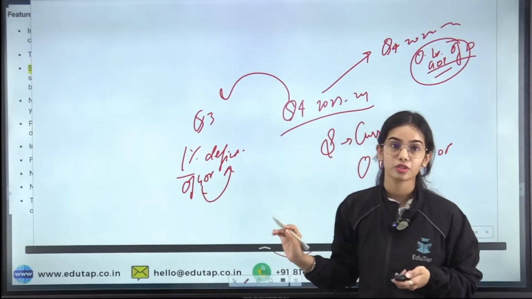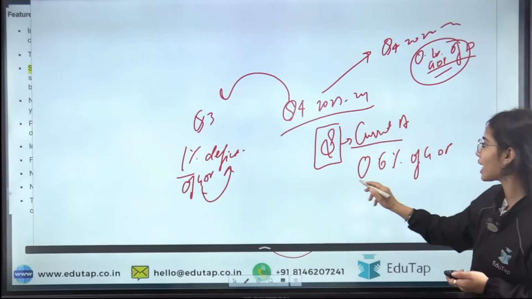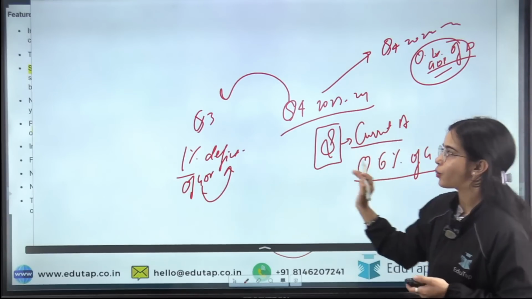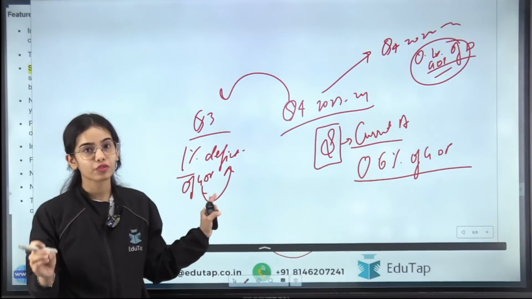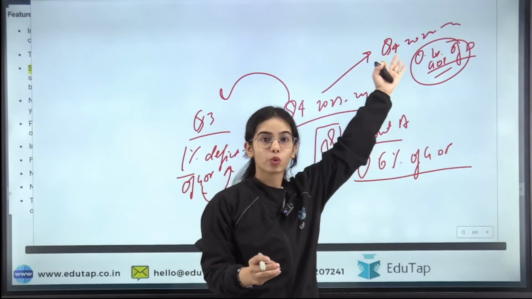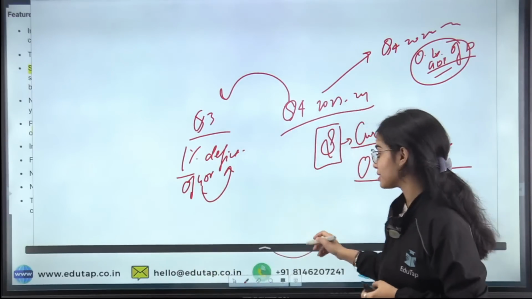So in the quarter 4 of 2023-24 we have got a surplus in the current account of 0.6% of the GDP, while in the quarter 3 of the same year we had a deficit of 1% of the GDP, while in the quarter 4 of the previous year we had 0.2% of the GDP as the deficit.